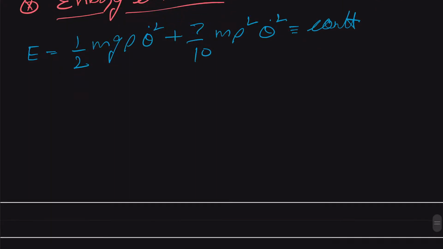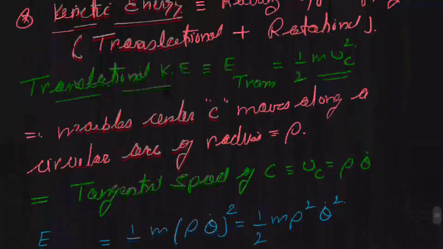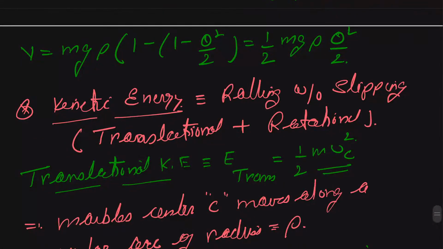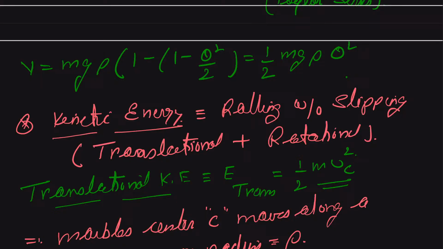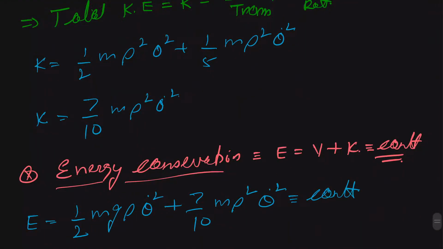So differentiate it, we get dE upon dt. This will be giving us one by 2 mg rho, and this will be twice theta dot, and, one second, I think there is no dot here, sorry.